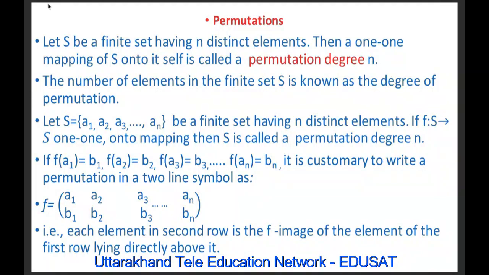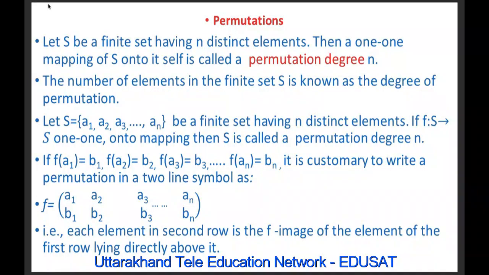If we consider a set S equal to {A1, A2, A3, ..., An}, which is finite, and a mapping F from S onto itself, which is 1-1 and onto, then F is called a permutation of degree n.